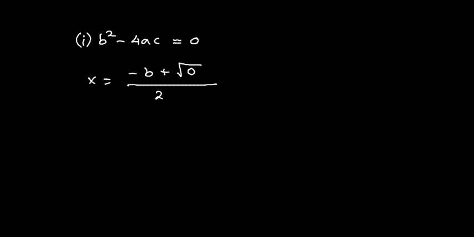First I am going to assume the value of b square minus 4ac is equal to 0. Then the two roots of a quadratic equation will be x is equal to negative b plus square root of 0 over 2a, and the second root is going to be negative b minus square root of 0 over 2a.